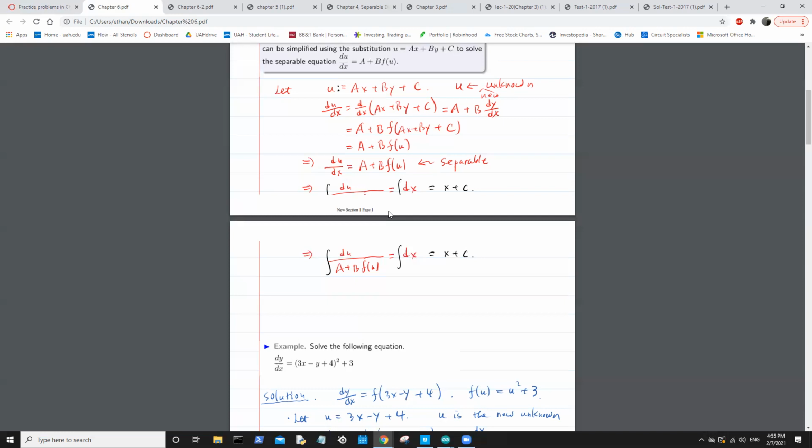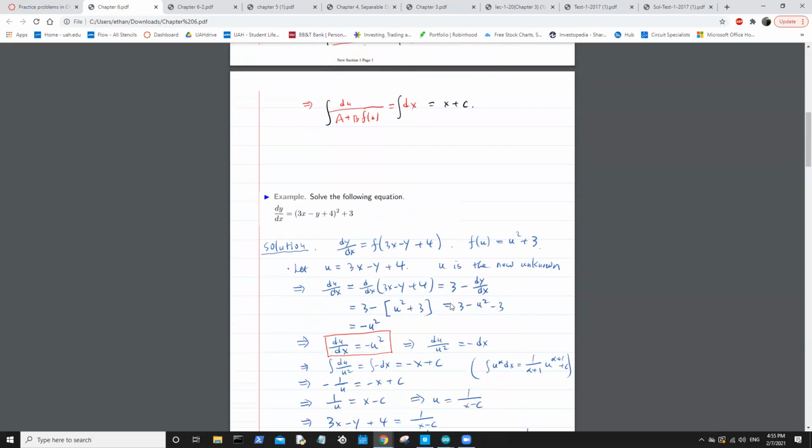So then u, as we said, is equal to y minus x. So we plug that back in. And we have negative 1 over y minus x is equal to x plus c. I just moved all the c's together onto the right. So now, do we get to leave this implicit or no?